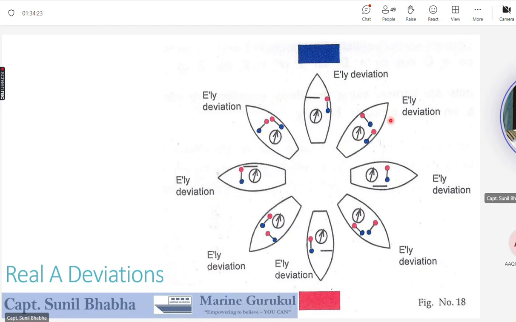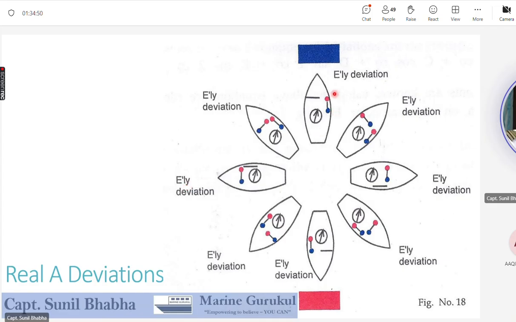You see north heading, northeast, easterly, southeasterly, southerly. On all the headings, they are denoting that the vessel has an easterly deviation. And in the definition of coefficient A, we have seen that it generates a constant deviation irrespective of the heading. So we will try to see now how does this deviation remain constant over all the headings.